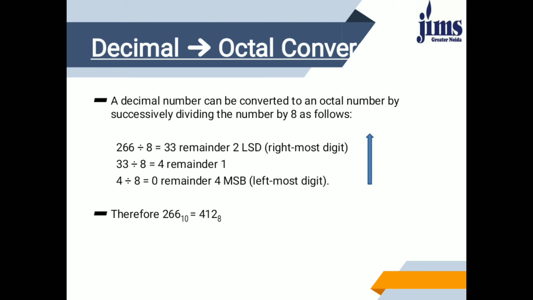So we will divide this 266 with 8, which gives an answer of 33 with a remainder of 2. So this will be considered as LSB, that means least significant bit, rightmost digit. And again we will divide this 33 with the 8, which gives an answer of 1, and so on. So this is the way we can convert any decimal number into octal.